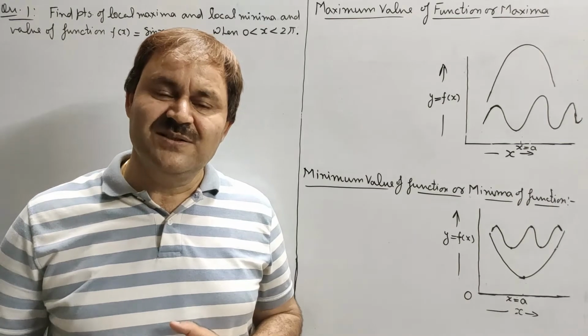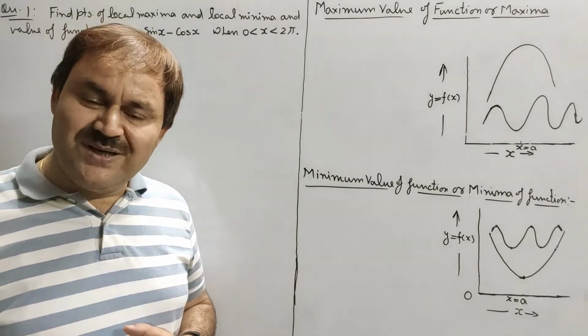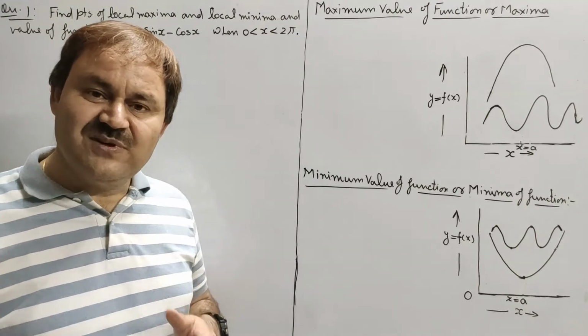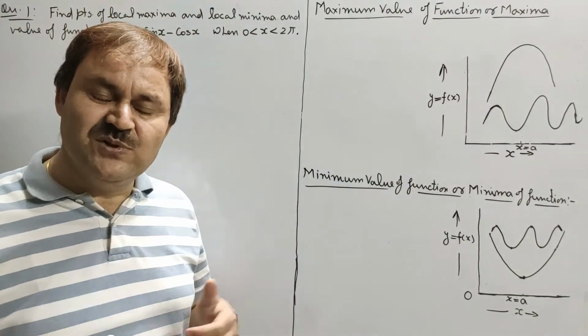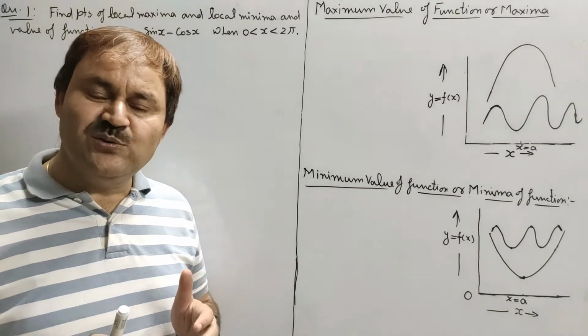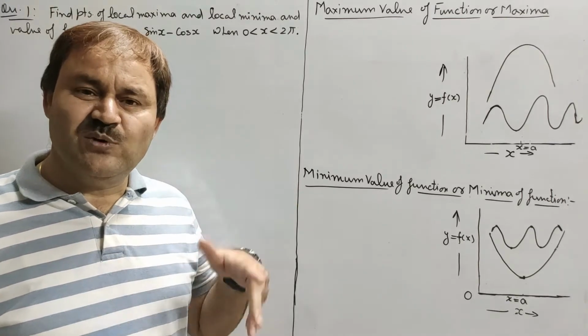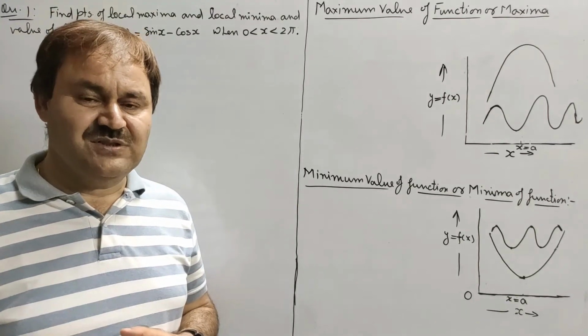For this, first we will have to find out the points at which the function will take maximum or minimum value, and then corresponding to those points we will find out the maximum or minimum value of the function.